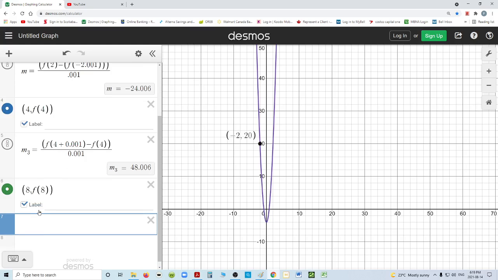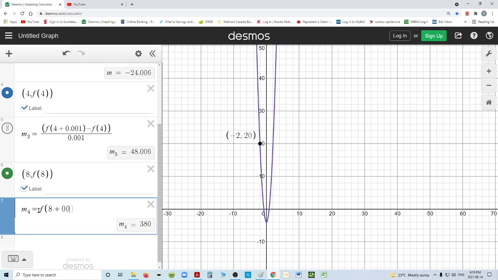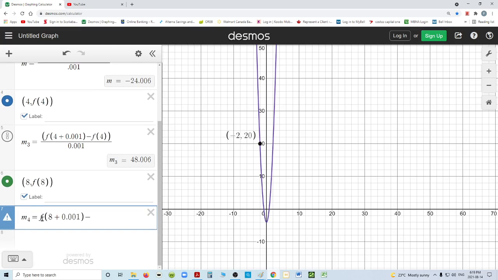So finally, the last one, we're going to do m4 is equal to f of 8 plus 0.01 minus, and I forgot to put a bracket again, which keeps screwing me up, minus f of 8.